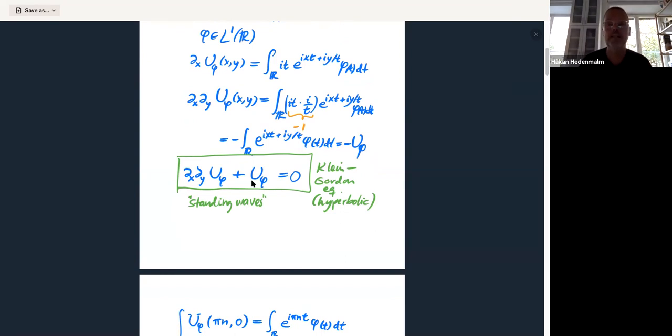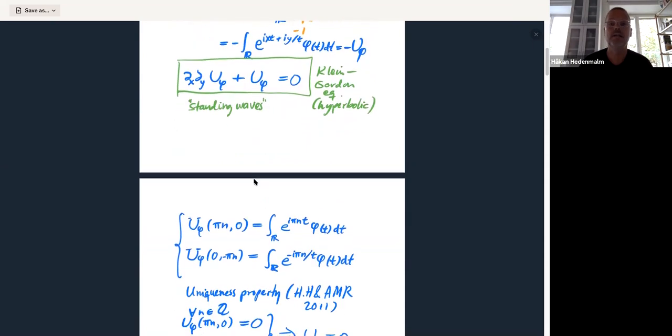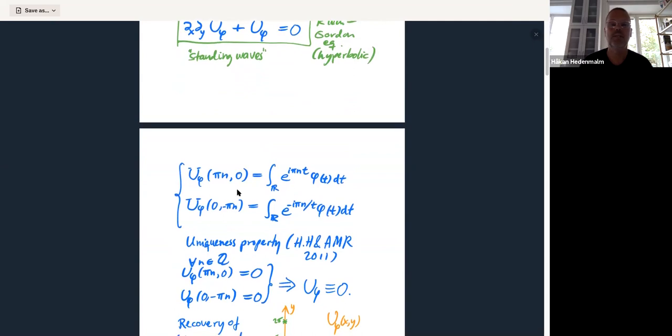But here there's some dispersive behavior of the Klein-Gordon equation, which is maybe not well understood yet. What I'm talking about somehow is related with that behavior.